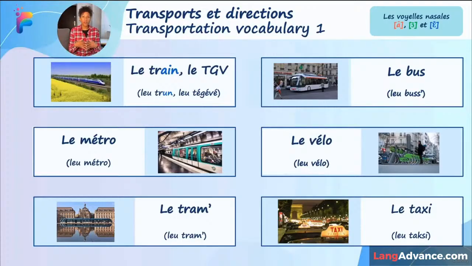The subway, the underground, MTR, it goes by so many different names. Le tram, which is le tramway, the tram. Le bus, the bus. Le vélo, bicycle. Le taxi, the cab.